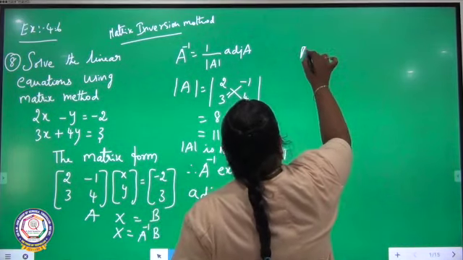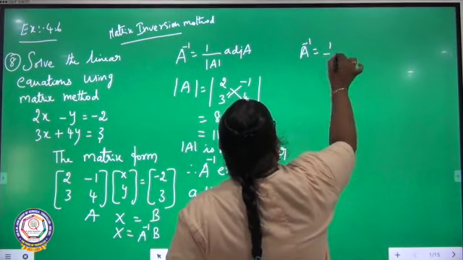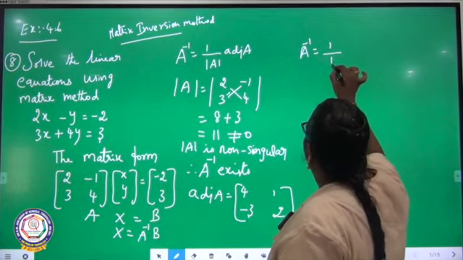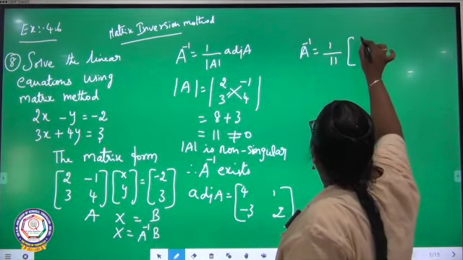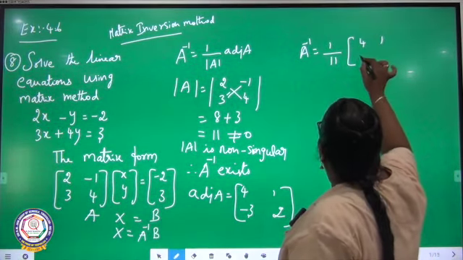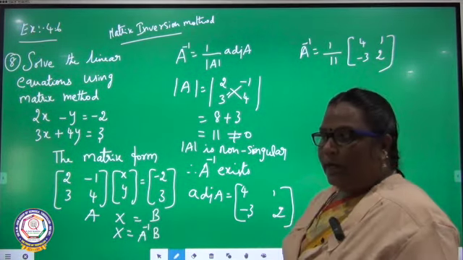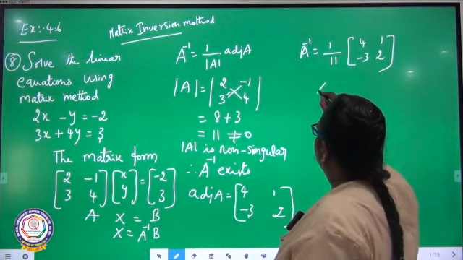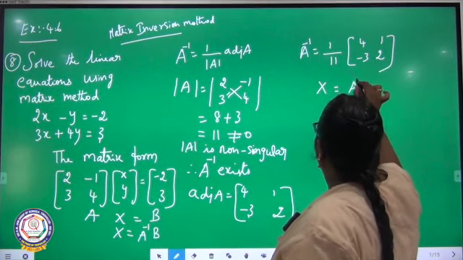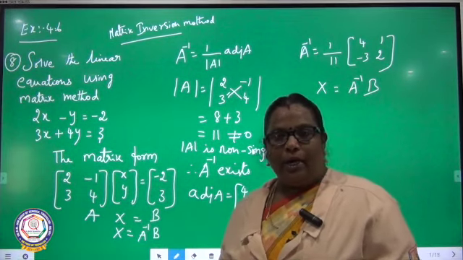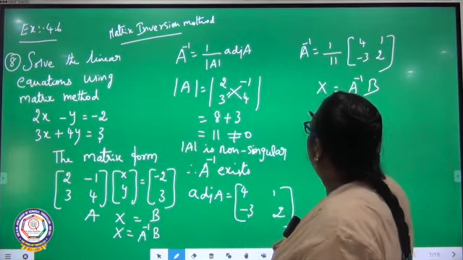So A inverse equals 1 by determinant of A, which is 11, into adj A, which is 4, 1, minus 3, 2. So you can substitute everything in the formula x equals A inverse b. What is the value of x?